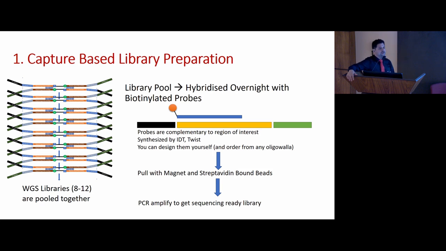Our panel has 3,000. 9 3s are 27. 27 lakhs it will cost you, or 30 lakhs, but you get a lifetime supply of oligos. You would die but that panel would not run out. It is literally that much supply of oligos. So if you are a manufacturer, you want to do it, you can do it. Now you can pull this down with a magnet and streptavidin bound beads, PCR amplify, to get the sequencing library.